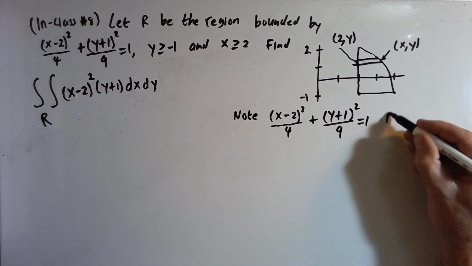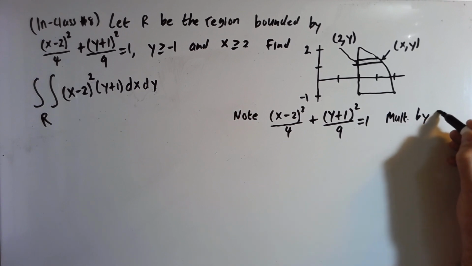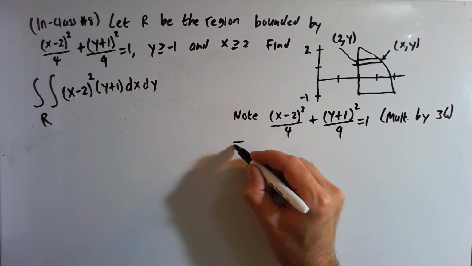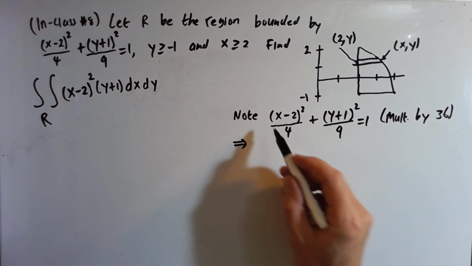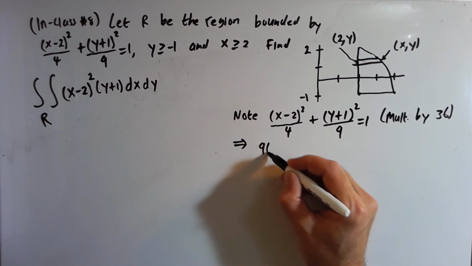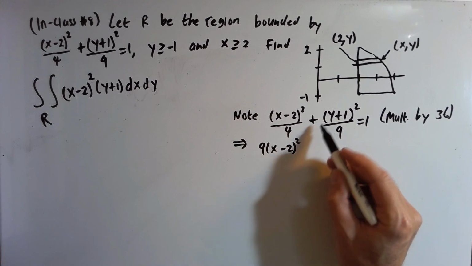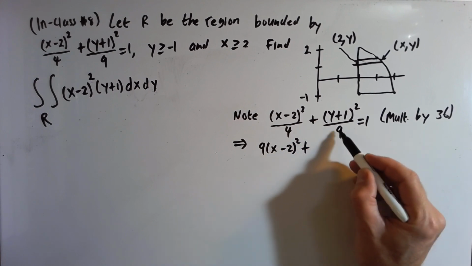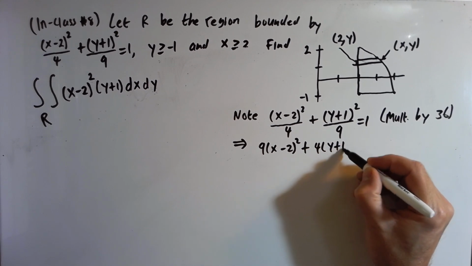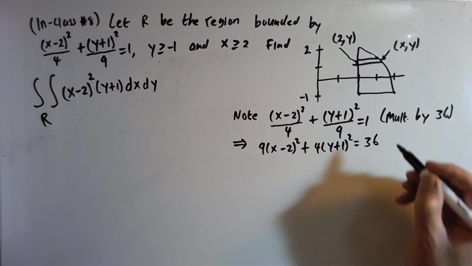Let's multiply both sides by 36, since I want to solve for x. 4 into 36 goes 9, so it'll be 9(x minus 2) squared plus, 9 into 36 goes 4, so 4(y plus 1) squared equals 36.